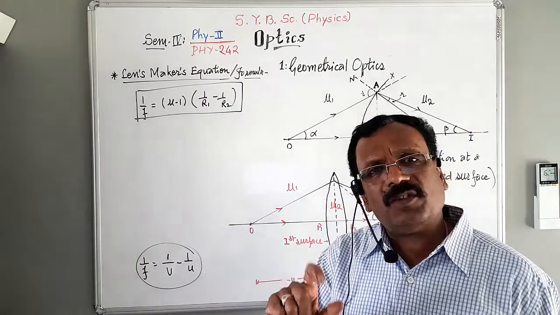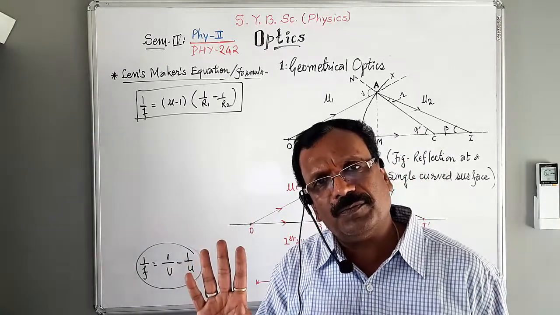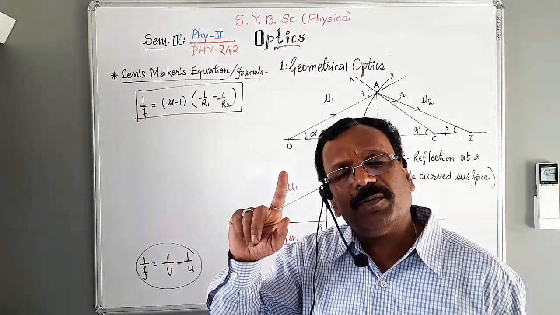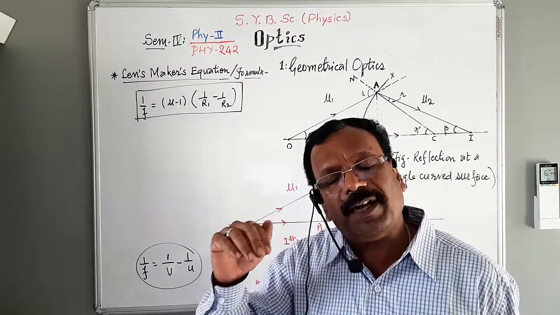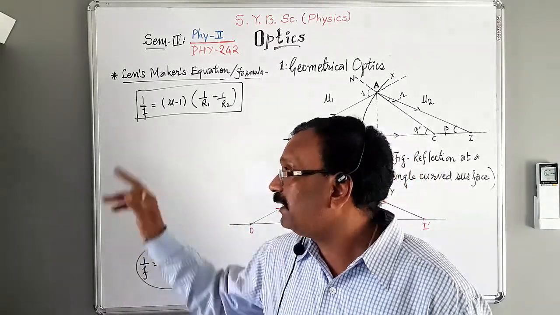For convex lens or concave lens there are two radii of curvature, R1 and R2. The refractive index of the material of the lens is mu, and focal length of the lens is f.